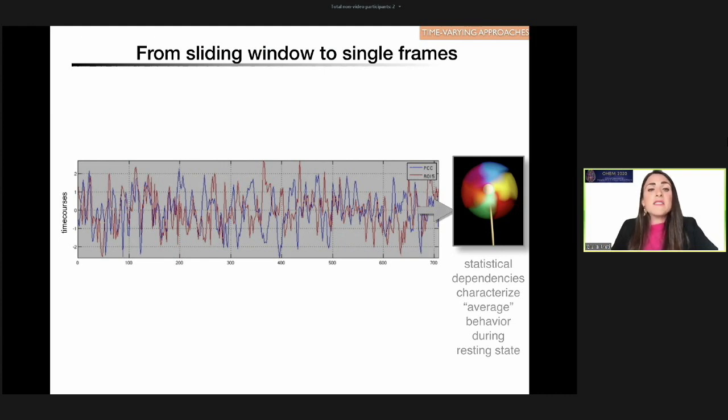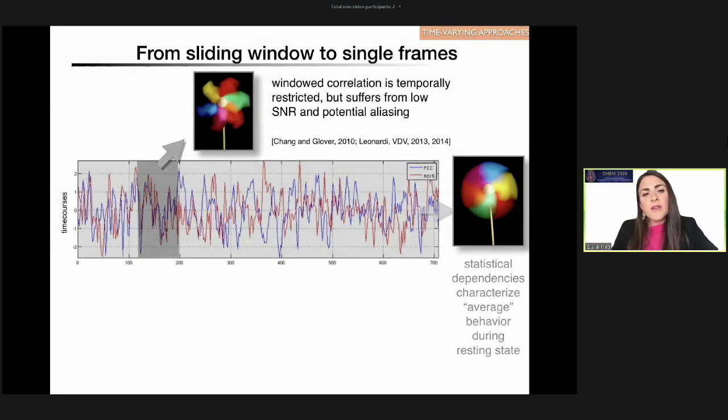If instead we have a sliding window analysis, it's true that we average in a shorter time length, but still what we have is a blurred image, a bit less blurred, but still blurred because what is inside the image is hidden to us. So if there are changes inside the window, we cannot retrieve them.